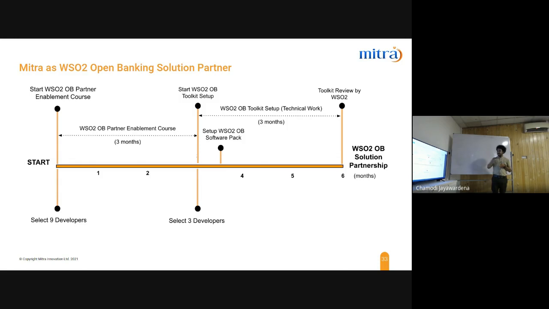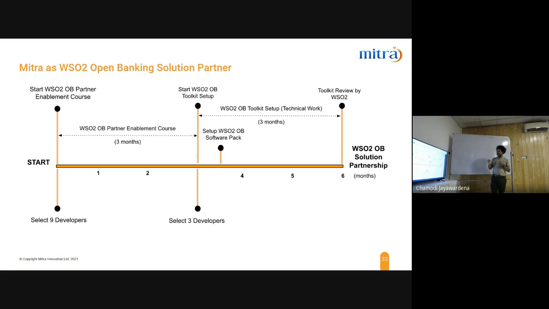Initially there were 9 developers, and they followed the partner enablement course, and thereafter we took 3 developers, and there was a set of tool setup. As I mentioned in the earlier slides, WSO2 has their core products, and they have their accelerators on top of that. But to reach last-mile compliance, there's a toolkit to cater to the specific requirements of a given regulation.